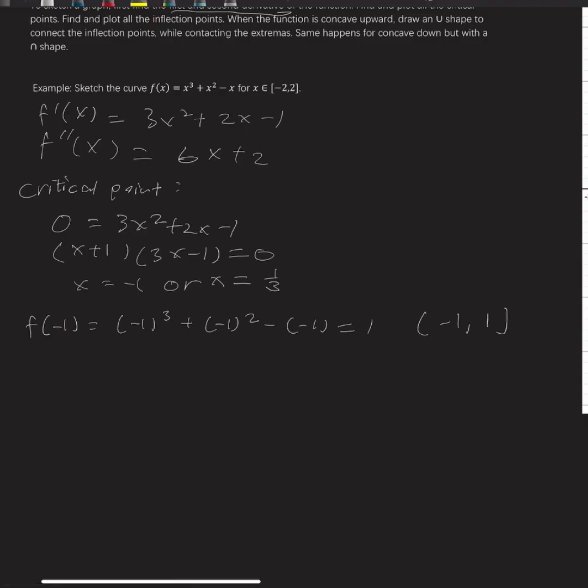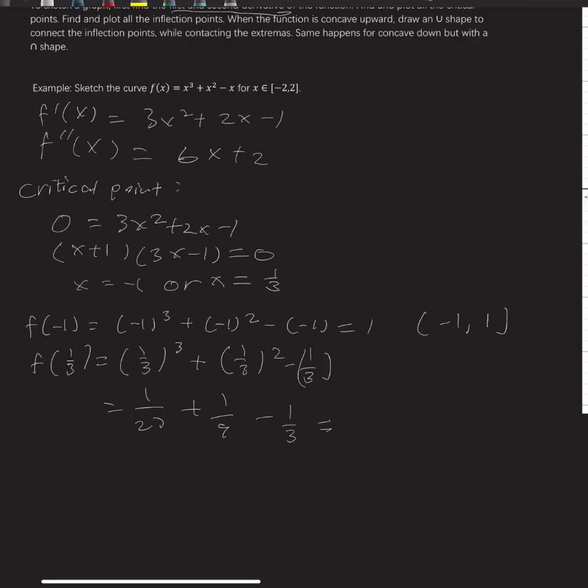Let's find f of 1/3. That's equal to (1/3) cubed plus (1/3) squared minus 1/3, which is equal to 1/27 plus 1/9 minus 1/3.